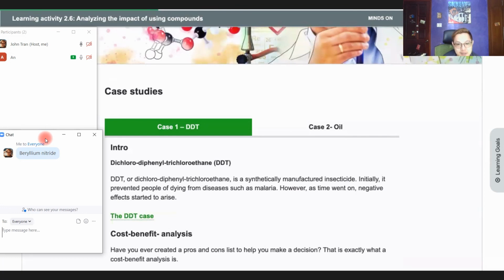Initially it prevented people from dying from diseases such as malaria. You know what malaria is, right? You know what dengue fever is? Basically, with dengue fever, people get bitten by mosquitoes and then they have a fever that goes up and down, up and down, for 1 or 2 weeks. It's not fancy, of course.